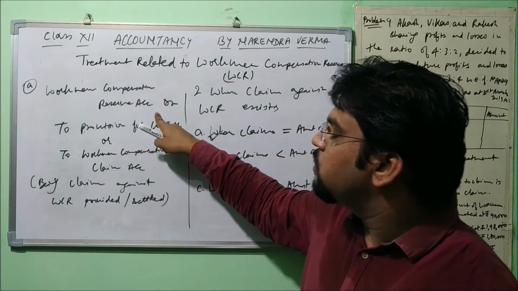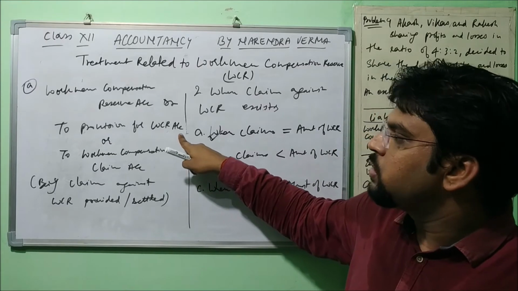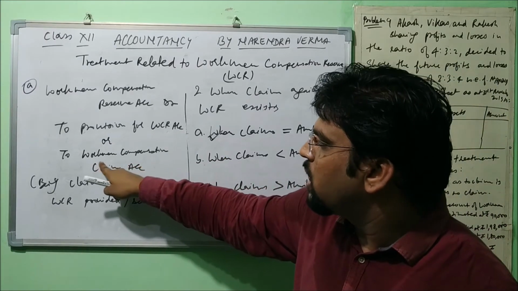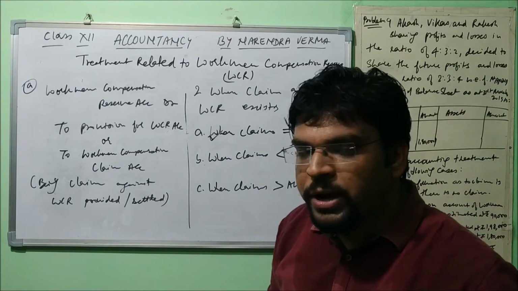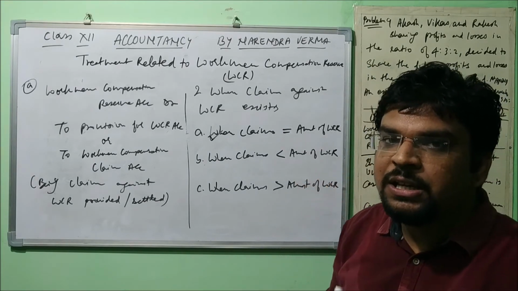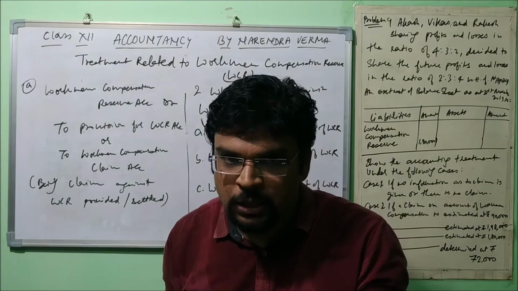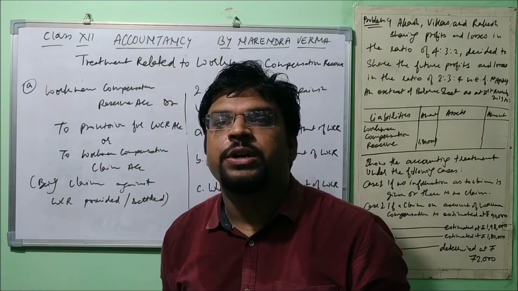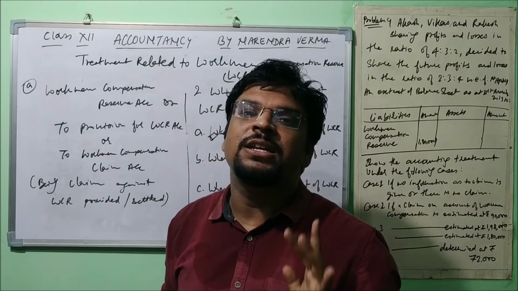So this will be the journal entry when claims are equal to the amount of WCR. Workmen Compensation Reserve account debit to provision for Workmen Compensation Reserve account or to Workmen Compensation Claim account. Let me tell you one thing. It depends on the question. If in the question it is given that the claim is estimated, when the estimates are made, then the provision is made. Or if the claims are determined or accepted, it means finally they have been settled.